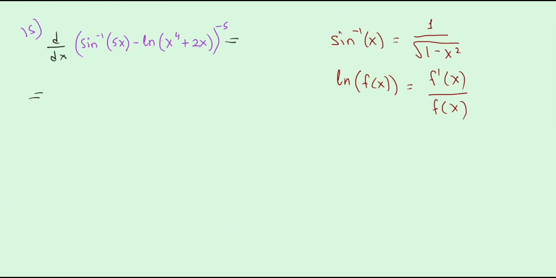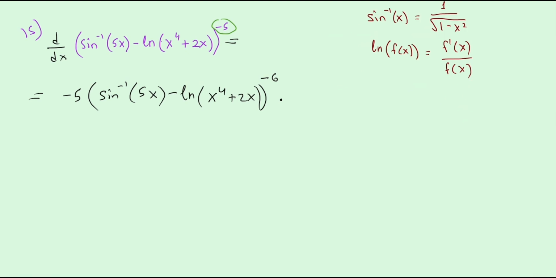Okay, first we'll have to find the derivative of the outside function, which is this power, using the chain rule. We're going to bring that power down. We're going to copy everything inside. And we're going to raise it to the negative 5 minus 1 power, which is negative 6. Now we'll multiply this by the derivative of the inside, which would be derivative of inverse sine is going to be 1 over square root of 1 minus 5x squared.